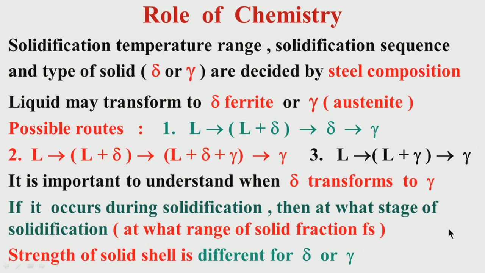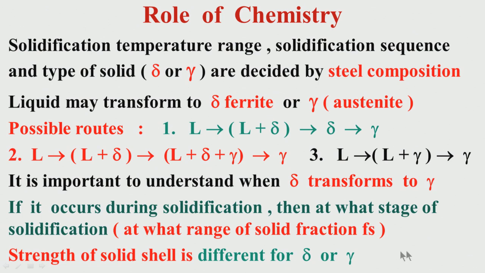And why this is important, how solidification is taking place, because the strength of solid shell for delta and gamma are different. It has been found that delta ferrite is relatively soft, and austenite, I am talking about high temperature strength. All this solidification means relatively high temperature properties are important.